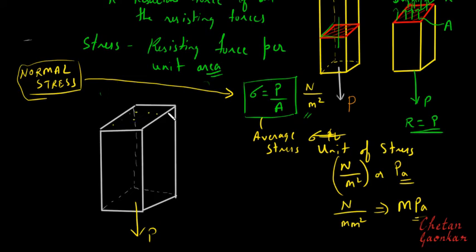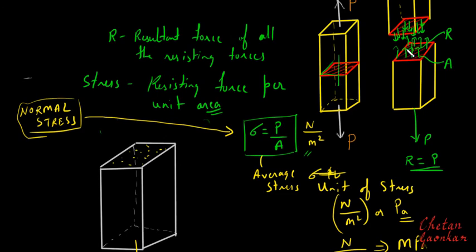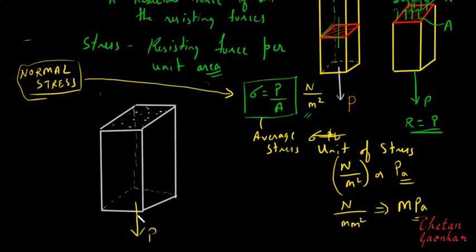In this case the resisting forces developed were the same at all the points, but if this cross sectional area is very close to this applied force P, then the resisting force will change from point to point.